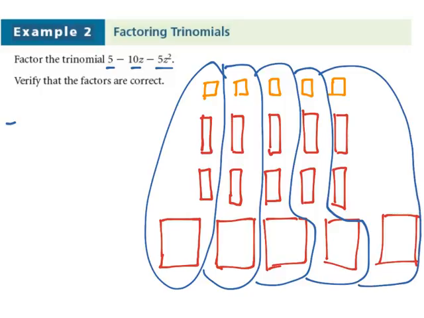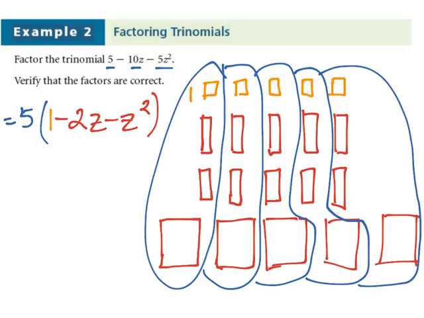And each group has different types of shapes. It has a 1, a negative 2 z's, the 2 rectangles, and 1 big square. And this is our answer. The factors of 5 minus 10z minus 5z² is 5 times, bracket, 1 minus 2z minus z². So this is done visually.